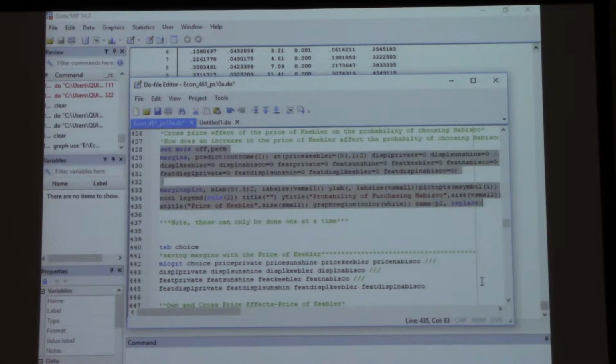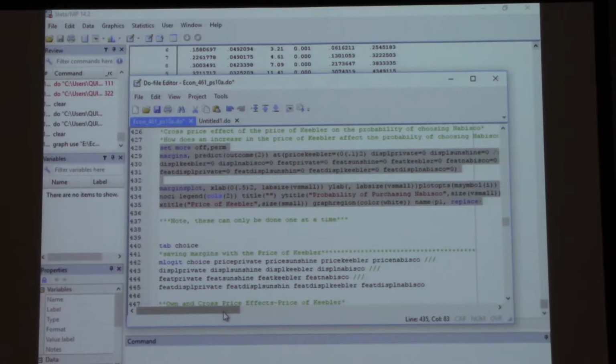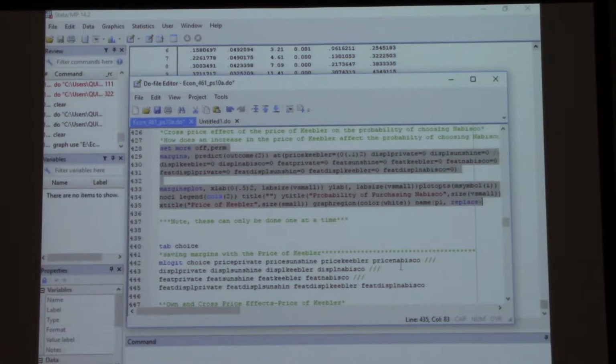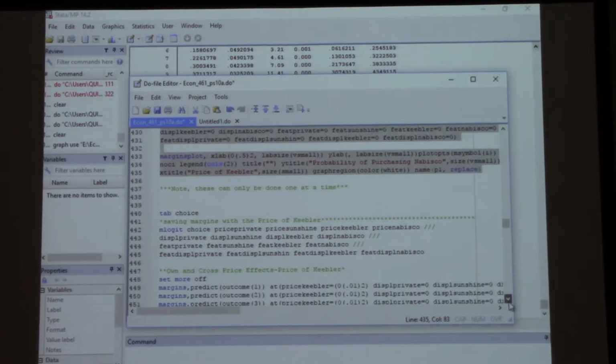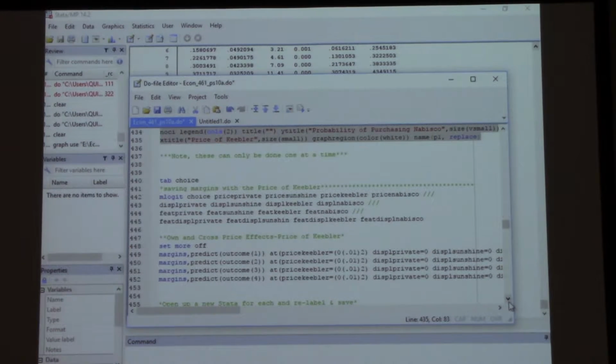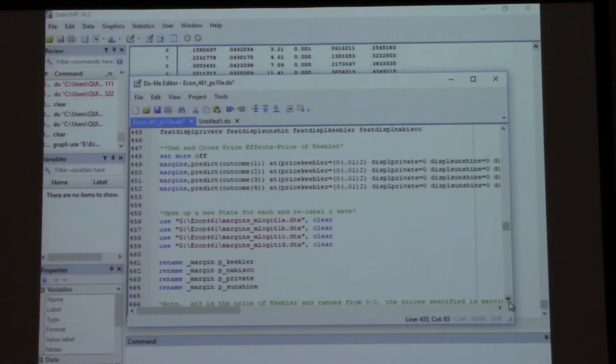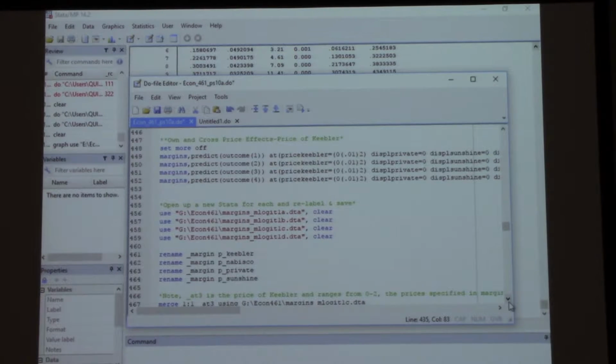So let's see, where's my margins command? I'm not using my savings. Yeah, here we are. All right. And basically, I run these all at once. So notice I got that first command, margins predict, outcome 1, which is Keebler, and against the price of Keebler.